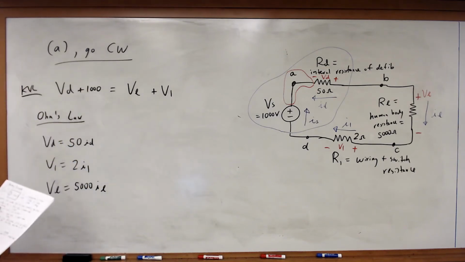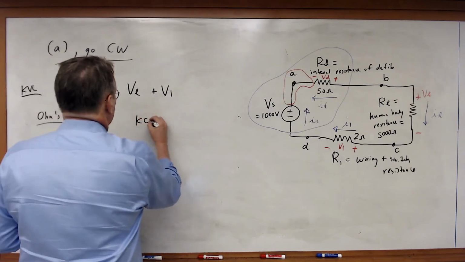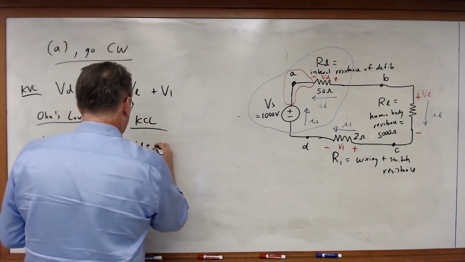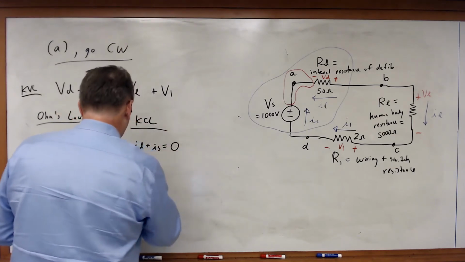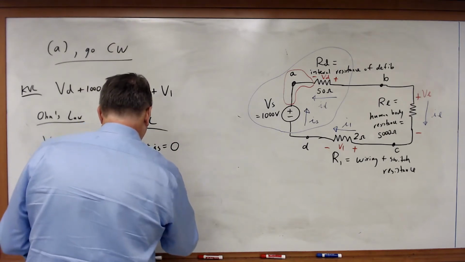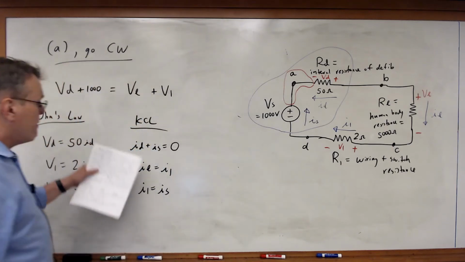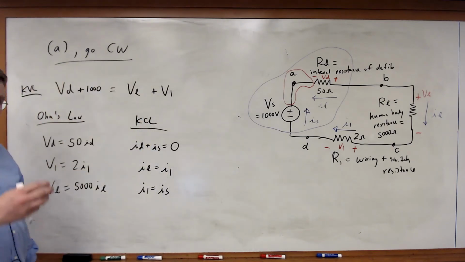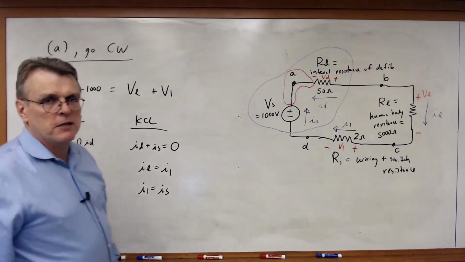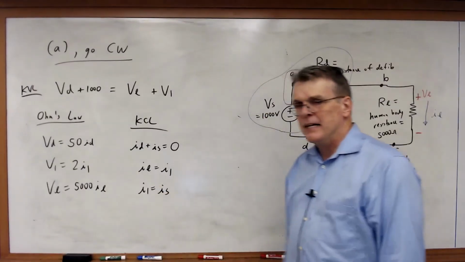So there's my Ohm's law, and then finally my KCL. And remember, I had 4 KCL equations, but only 3 linearly independent equations, so I just picked 3 of those. Don't worry about the 4th one because it doesn't add anything.